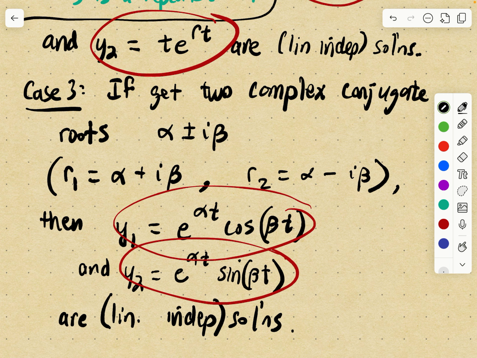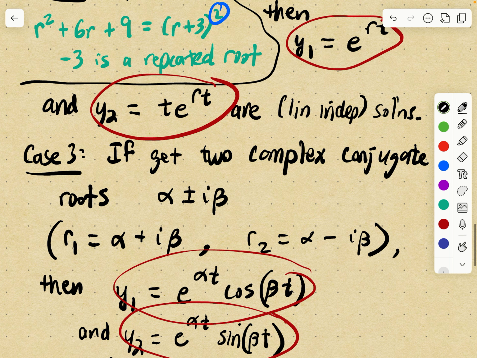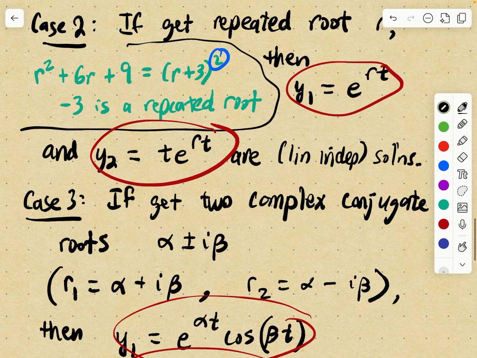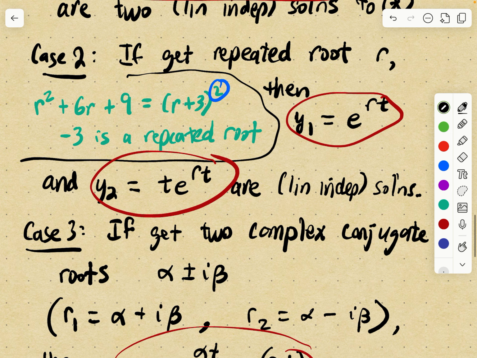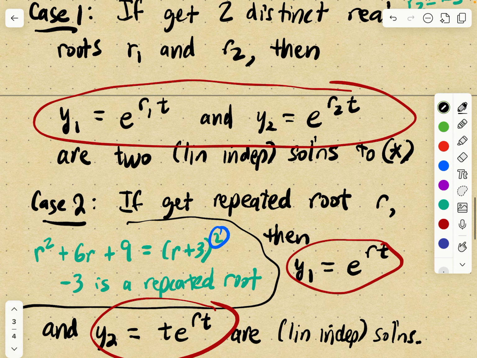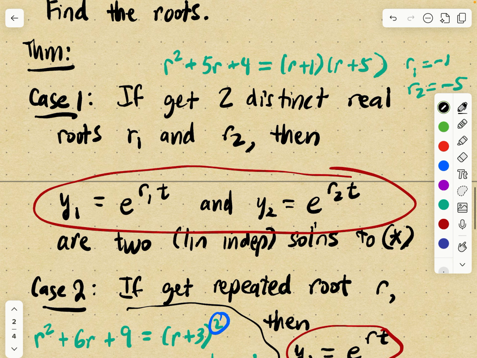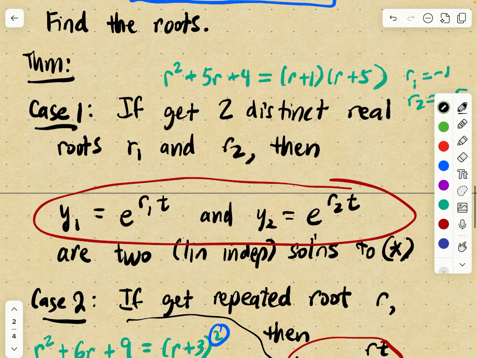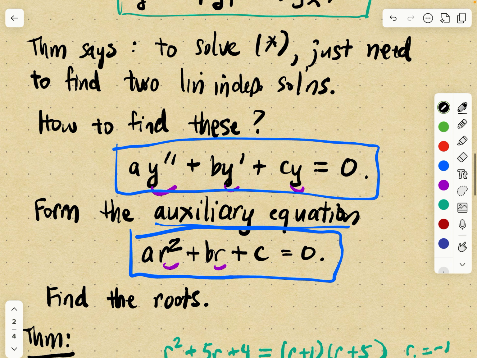And we will talk later, though, about how would anyone come up with these. Case 2 is somewhat complicated because of the t e to the rt. Case 1 is not that bad. If you have two distinct roots, then checking that e to the r1t and e to the r2t are solutions to this, you can probably do in your head.